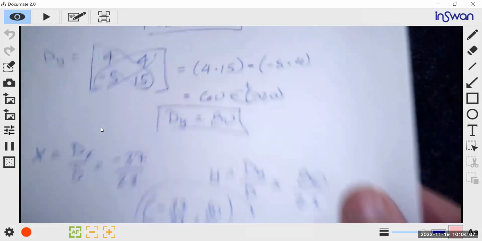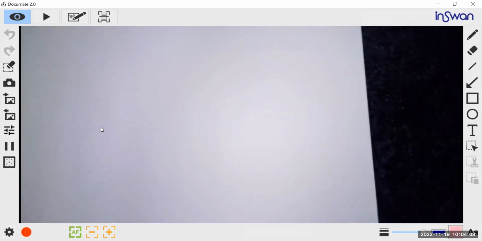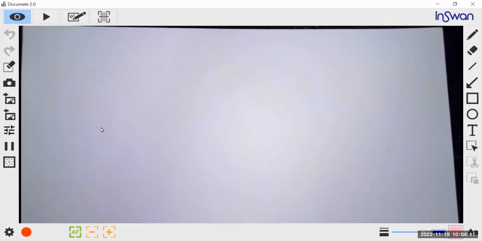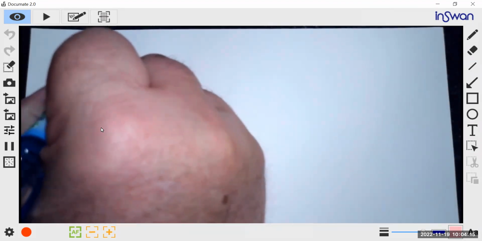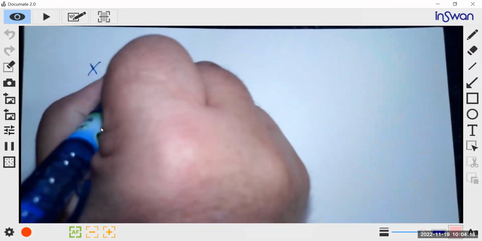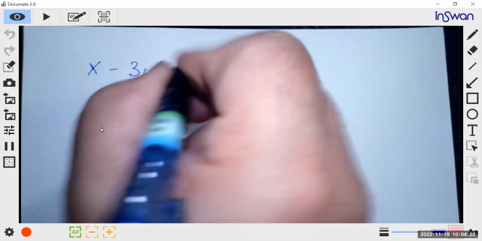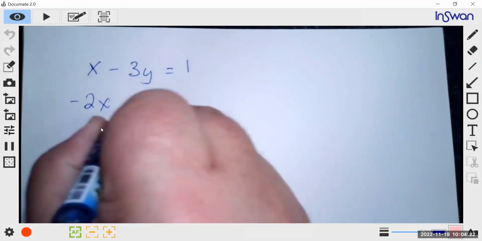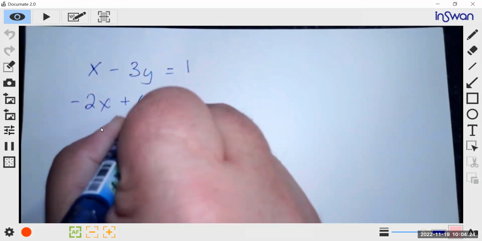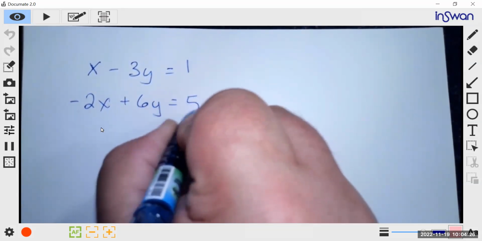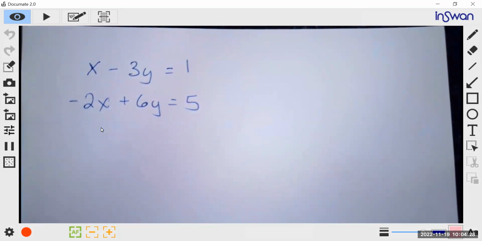Let's look at an example where it's going to be inconsistent and independent. x minus y equals 1, negative 2x plus 6y equals 5.